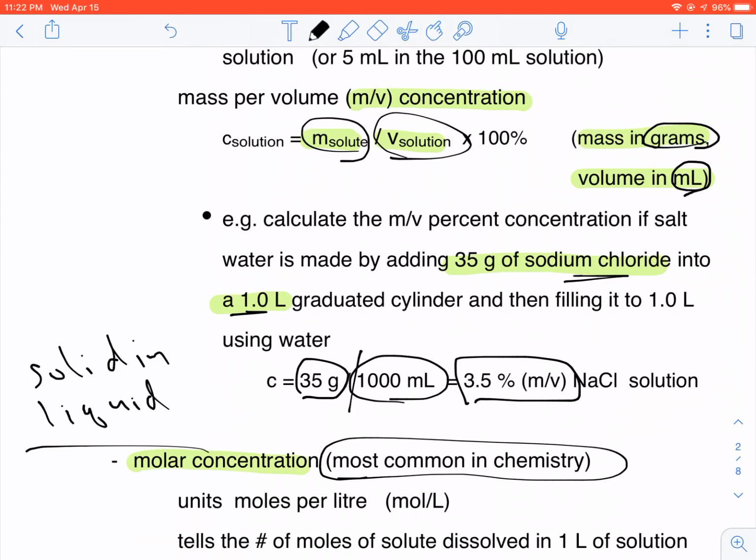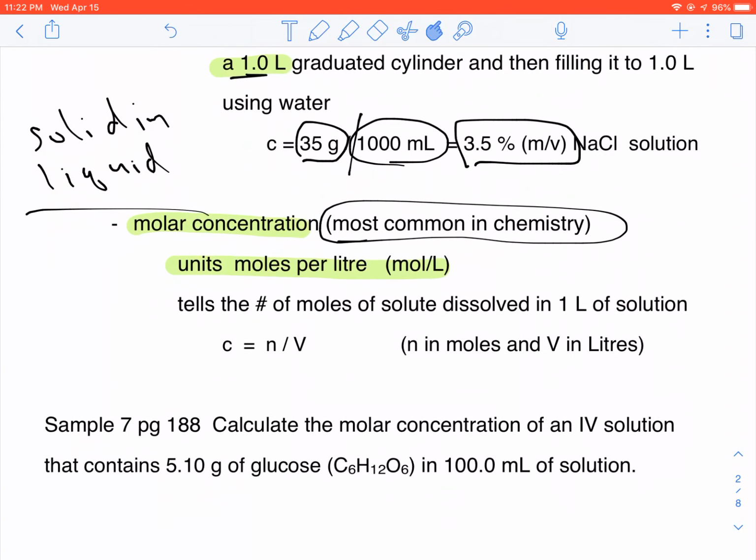So when we're talking about molar concentration, our concentrations are how many moles are in a liter. To do that kind of work, I need to be able to calculate the number of moles in a liter by taking the number of moles, n, again, little n is the number of moles that we've been using for the last week, divided by the volume, which is measured in liters now. And then what I end up with is a concentration in moles per liter.